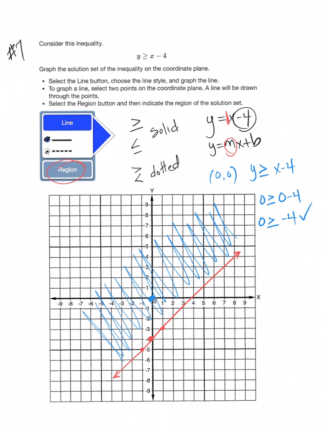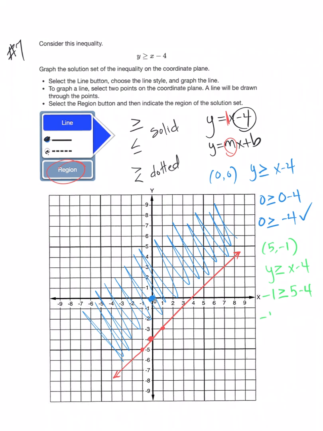For example, if I had chosen a point below the line, so let's say I'll choose 5, negative 1. When I plug that into my inequality, so I have y is negative 1 and x is 5.